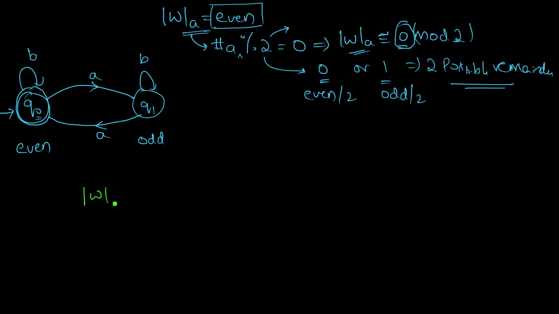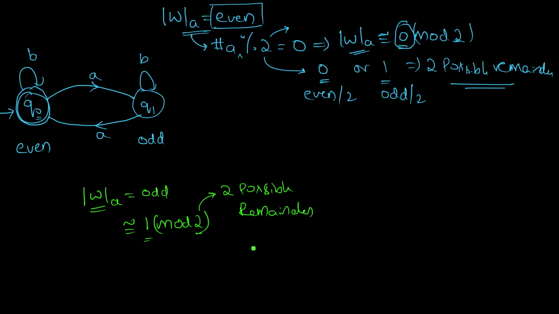Let's say we need to construct a DFA for strings having an odd number of A's. We can also write this as 1 mod 2. That means when we divide the number of A's by 2, we get a remainder 1. So here also we will have two possible remainders, so the DFA will have two states, Q0 and Q1, because our remainders are 0 or 1.